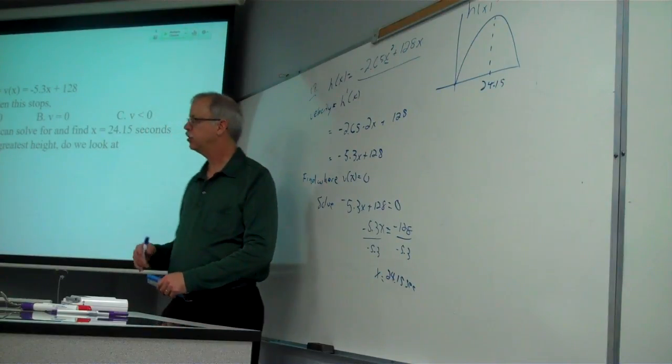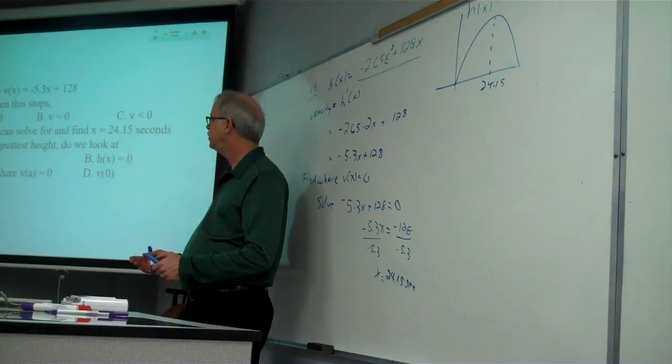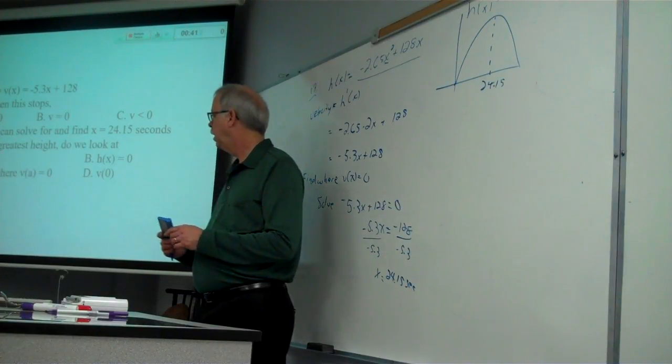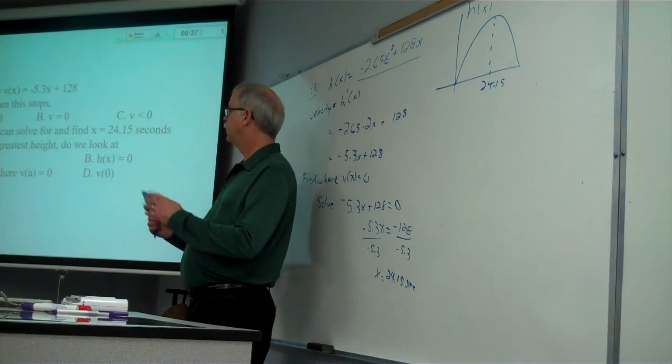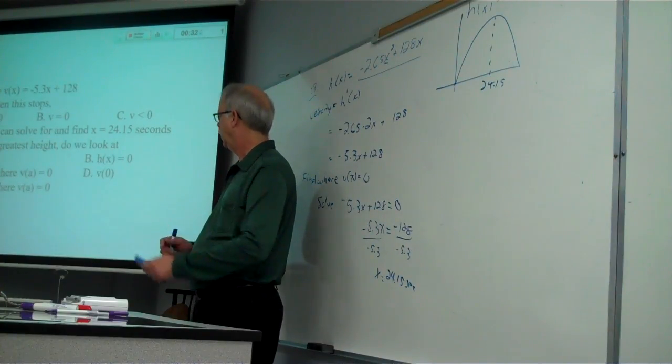Now we're interested, okay, what's the greatest height? So for the greatest height, what am I going to be looking at? Am I looking at the height at time 0? Am I looking for the height that's equal to 0? Am I looking for the velocity where the velocity is 0? So one more choice.